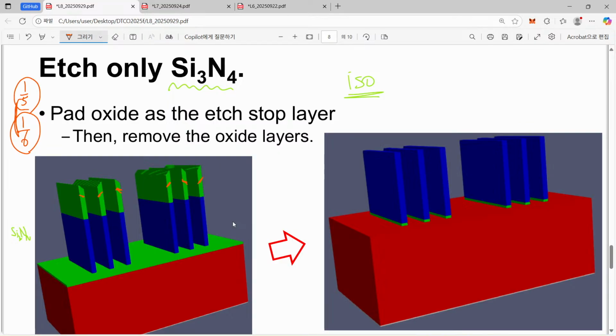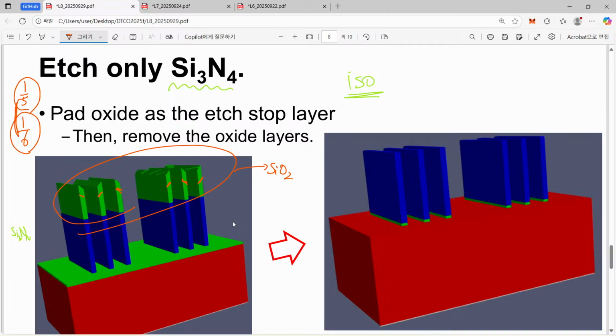But anyway, it's okay. We have already achieved this patterning. The pattern transferred to our hard mask. After that, this silicon dioxide layer can be safely removed, and we will have a final pattern shown here.